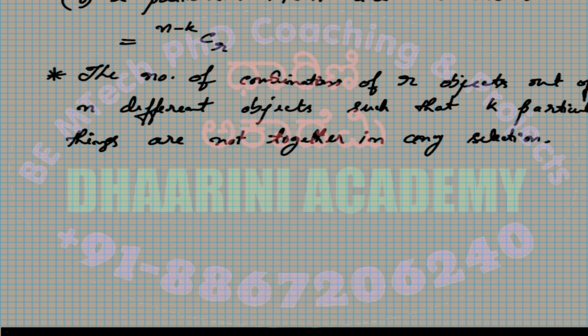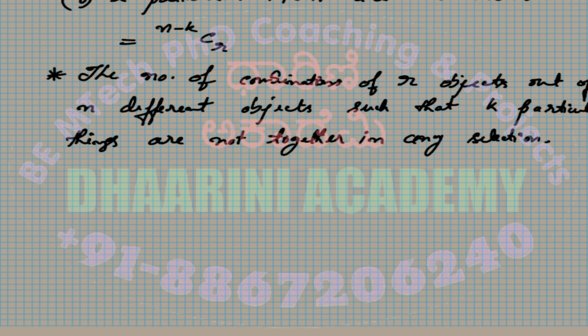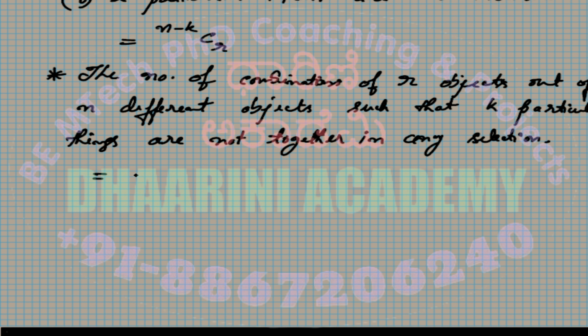You have to make the selections in such a way that some of the items, k items, are not together at all. If that's what you want to calculate, then this is the equation: nCr minus (n minus k) C (r minus k). Okay, that's the next point to remember.